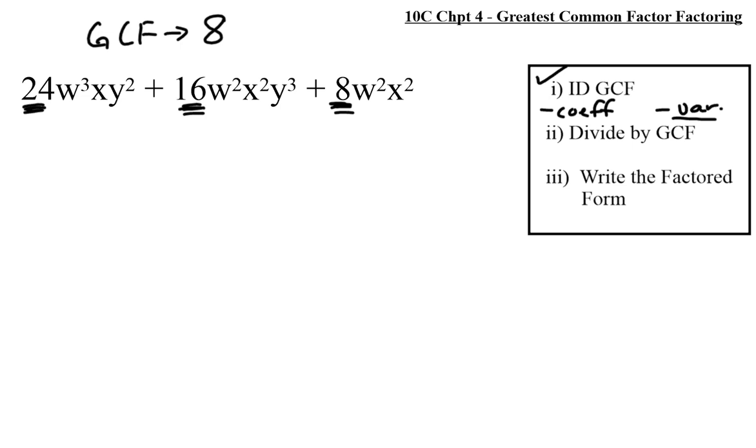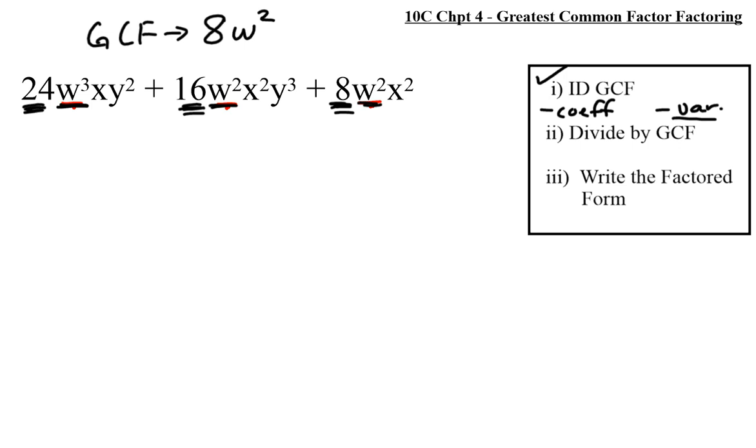But now we have the variable components. So we have to consider, we have w cubed, w squared, and a w squared. What are the most w's that could be factored or removed, pulled out from each term? W cubed is like 3 w's, w squared is 2 w's, w squared is 2 w's. So the most w's that can be pulled out of each is a w squared. Even though there's 3 w's here, I don't have 3 w's here.